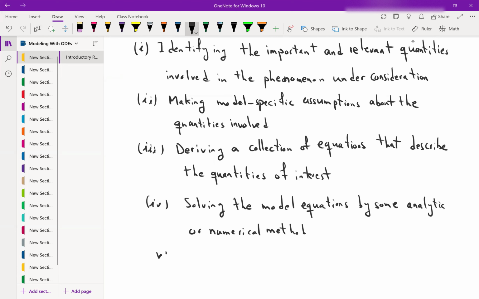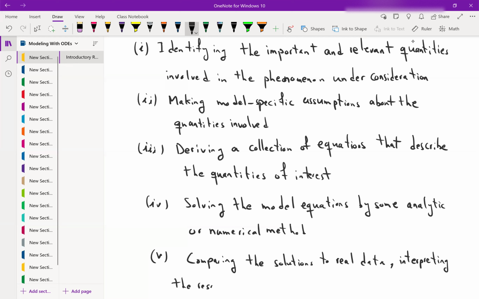And then finally, once you have your solutions, you compare the solutions with the real data, comparing the solutions to real data, interpreting the results, to see whether they match the data that were collected from the actual physical world.